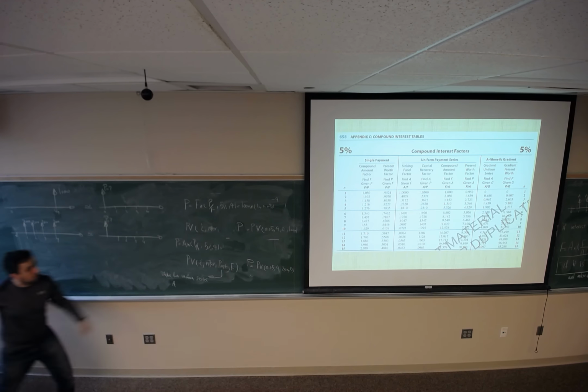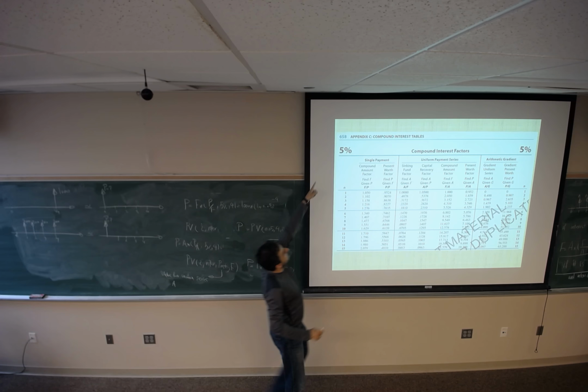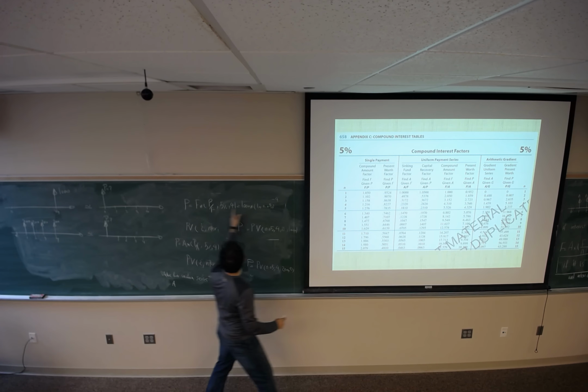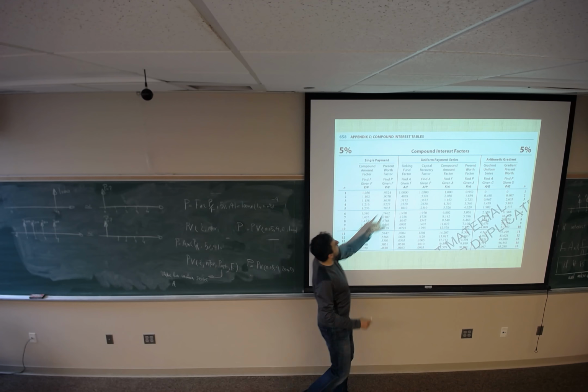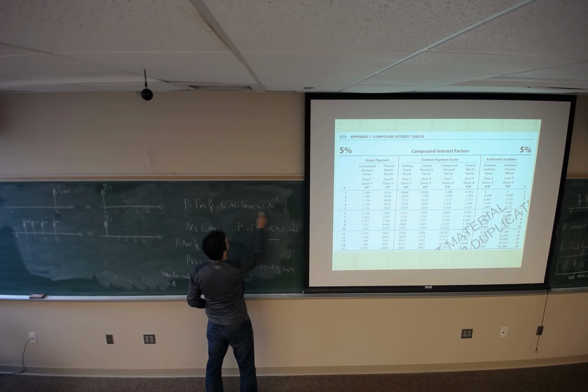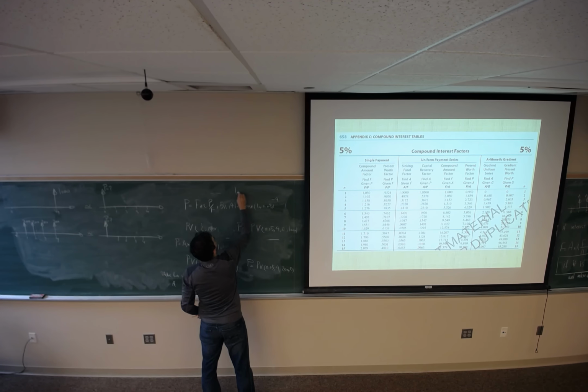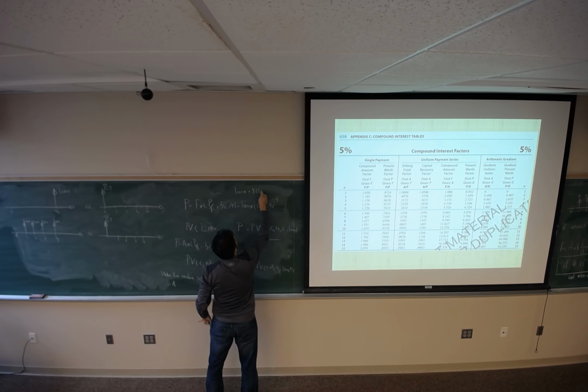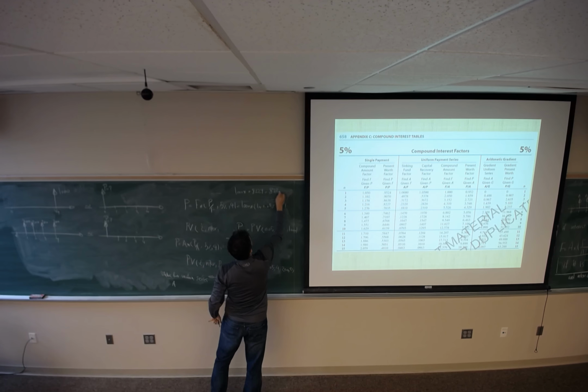So for the first one, i is 5, N is 4, I'm looking for P over F. P over F is 0.8227. So 1,000 times 0.8227 is going to be $822.7.